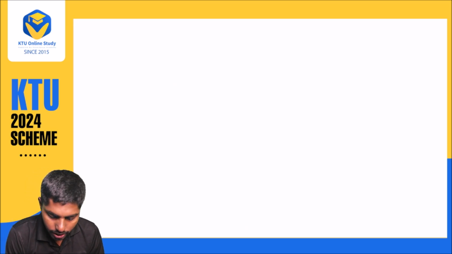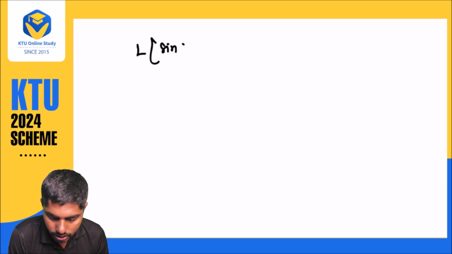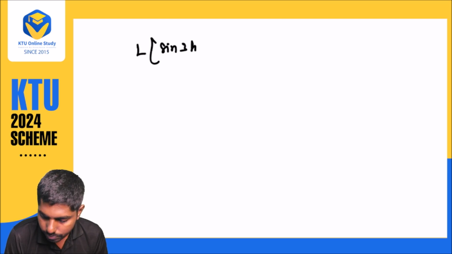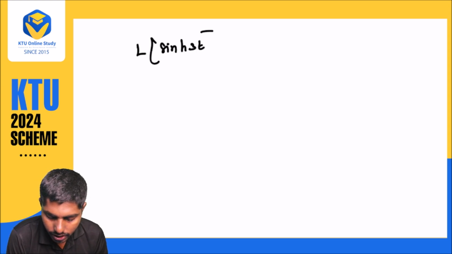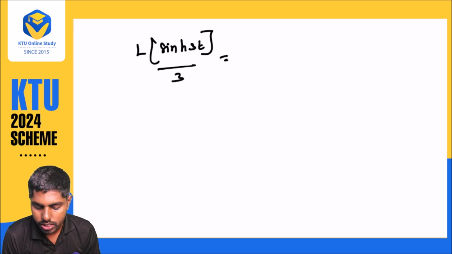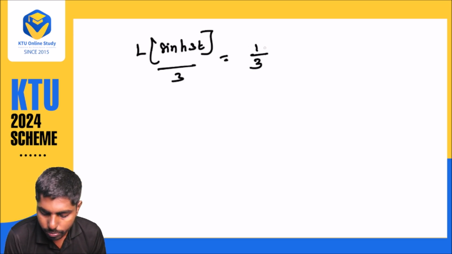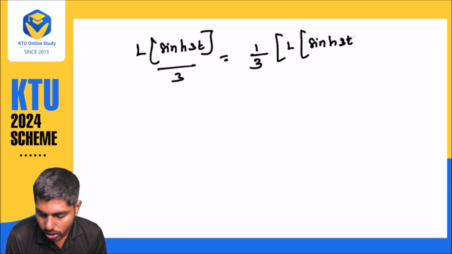We can say L of sin h3t divided by 3. What is this one? We will be taking 1 by 3 outside. So 1 by 3 into L of sin h3t. What is L of sin h3t?